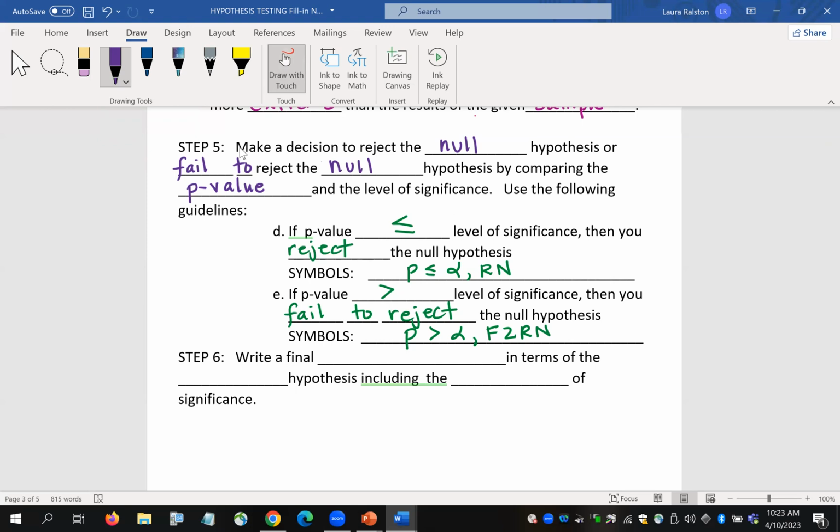In step 6, we write a final conclusion in terms of the true hypothesis, and you must always include the level of significance. Now, again, those steps will become clearer and more understandable as we get into some examples. And I hope we're able to do that a little bit later today.